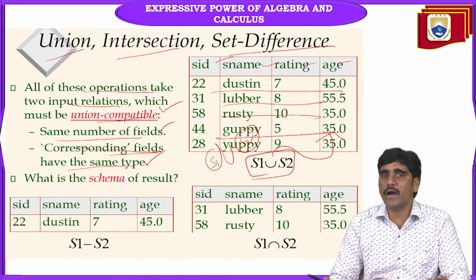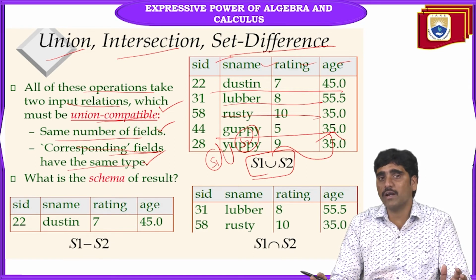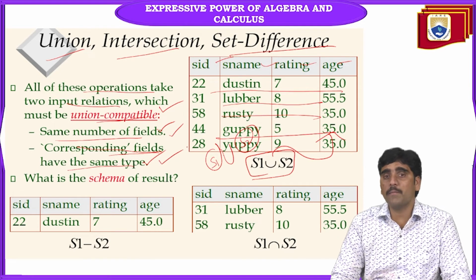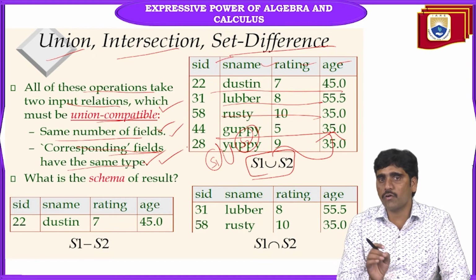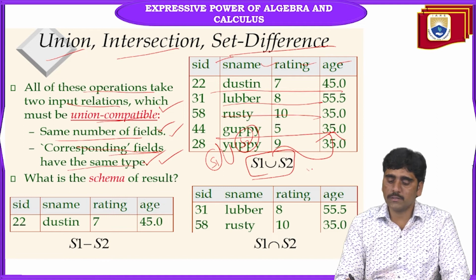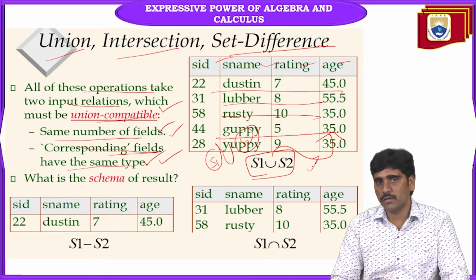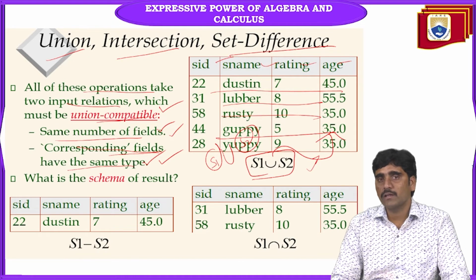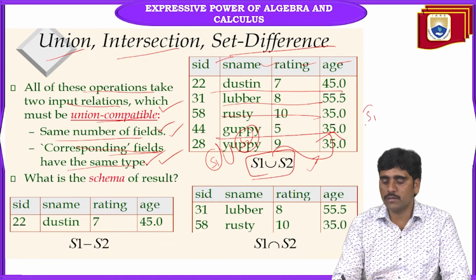That means it combines both the tables, S1 and S2, on the basis of the same number of columns and the same type of data types. Then it displays the union table.